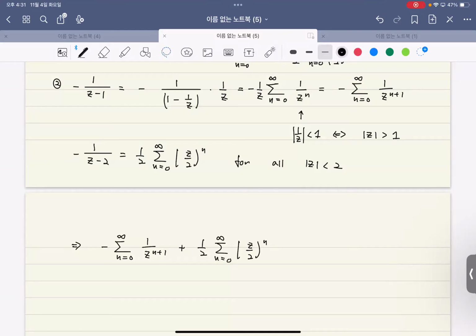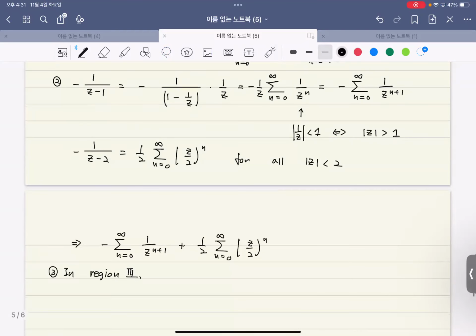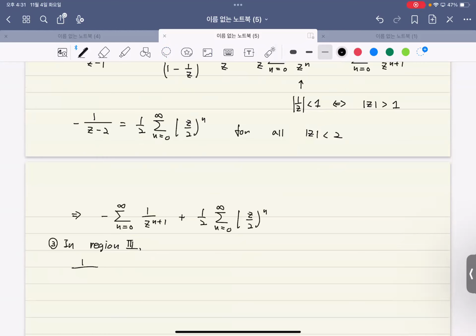And finally, in the last region, 1 over minus z minus 2 can be written as minus 1 over z times 1 minus 2 over z.